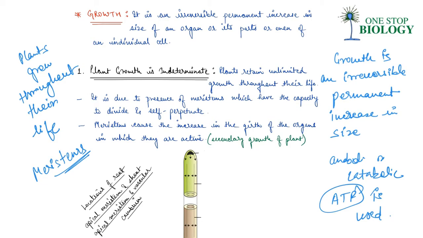Now, this form of growth, wherein new cells are always being added to the plant body by the activity of the meristem, is known as open form of growth.